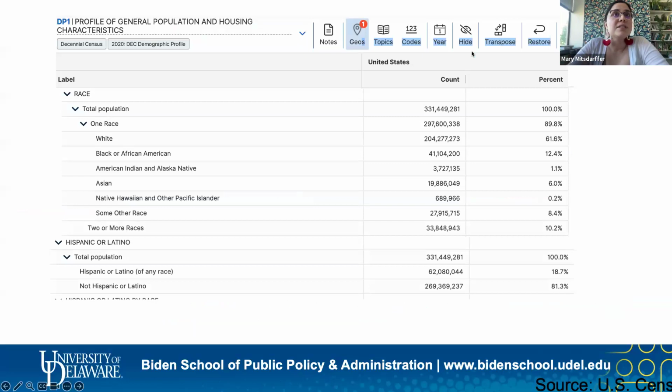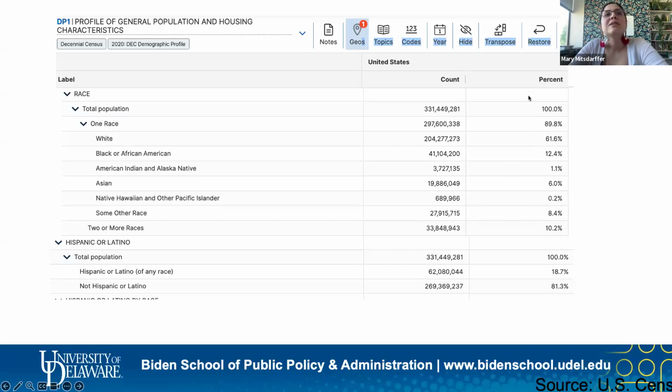If you look at the ethno-racial groupings too, it's really interesting. So this is from the 2020 decennial census. I just did a quick screenshot from the population profiles yesterday. And it's interesting. If you look at race alone and one race, there's about 11% of the population that's unaccounted for, which is interesting. 8.4% of people are some other race alone. 10.2% of people are two or more races.